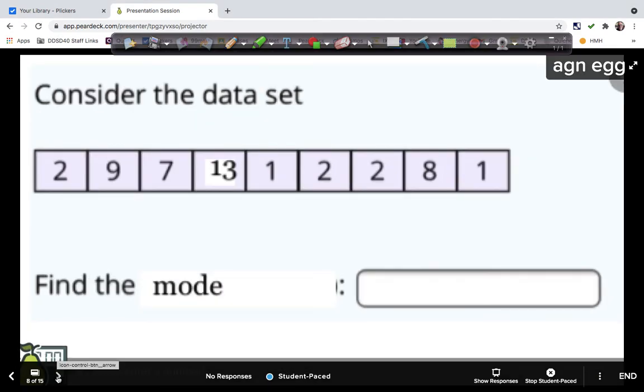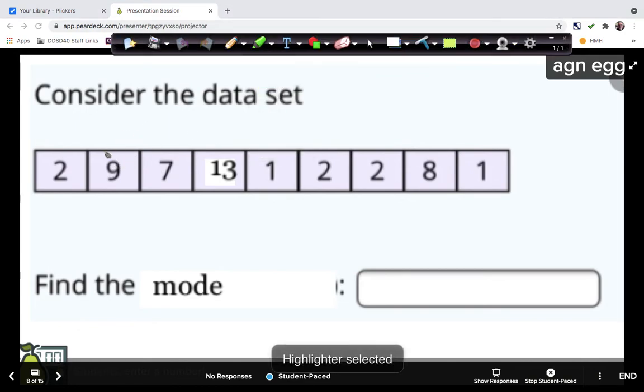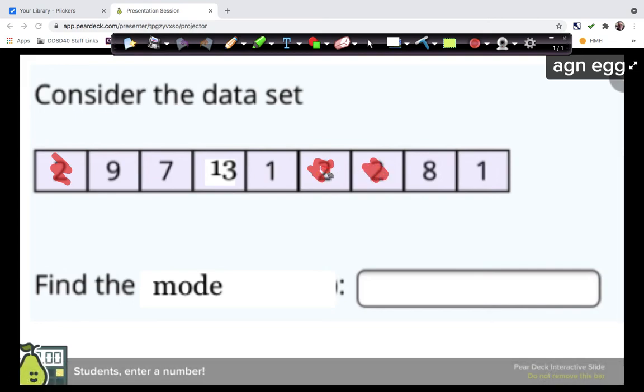And then the mode on this one, I'm going to use a highlighter. There are 3 2s. There's no other number that has a triple. We'll call that a triple because there's 3 of them. If there was one that had 4 repeats, then that would be the winner. So the mode was 2 on that one.